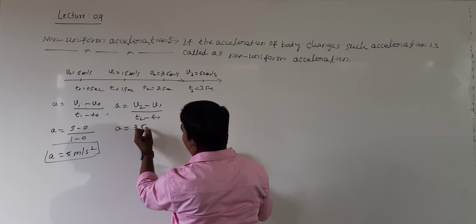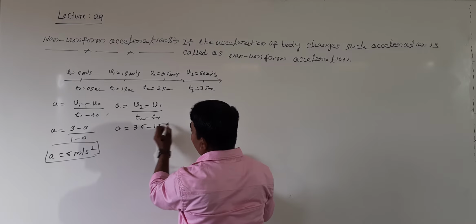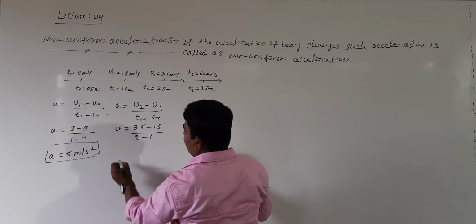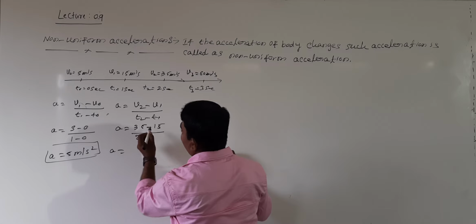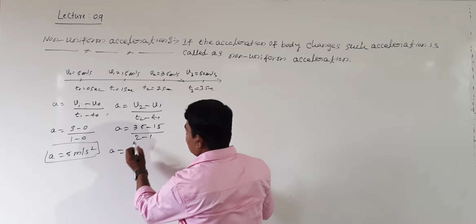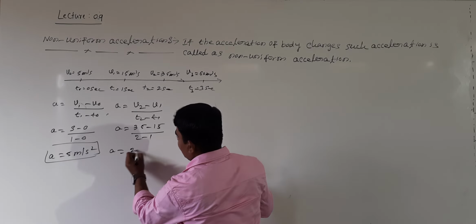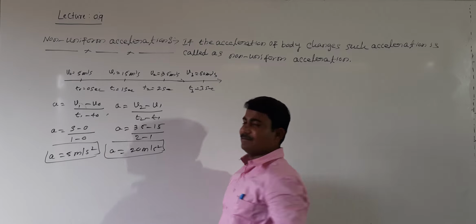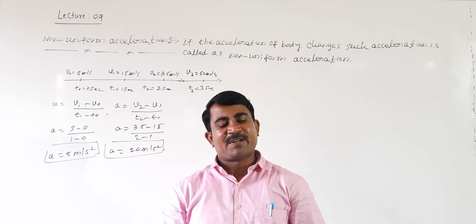V2 equal to 35, V1 equal to 15, divided by 2 minus 1. Acceleration is 35 minus 15, which is 20, by 1. That is 20 meters per second squared.